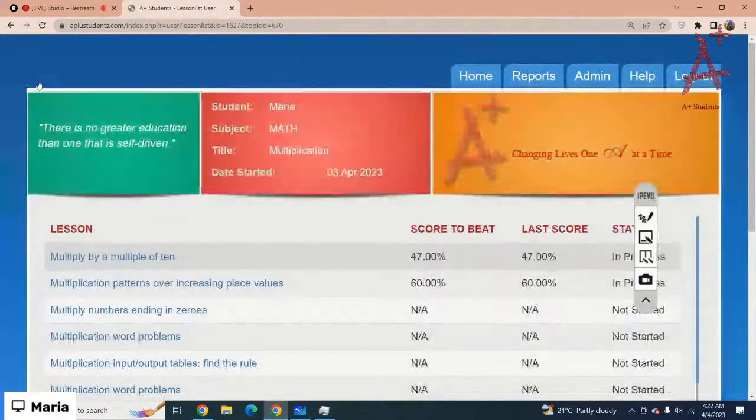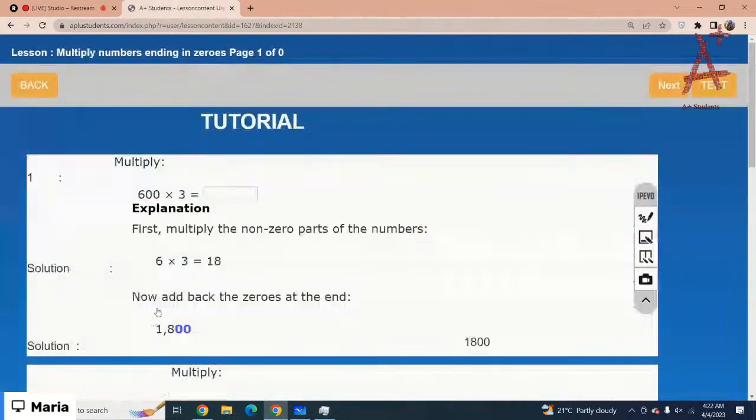Okay, the next lesson is multiply numbers ending in zeros. We have already learned how to multiply the numbers ending with zeros. Just multiply the non-zero numbers and then add zeros at the end.